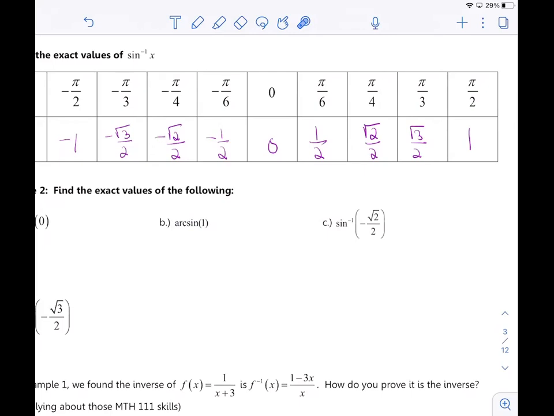So if I ask for the inverse sine of 0, now there's only one angle that will produce 0 within this defined domain we have to look at on our sine graph, right? We were only looking at from negative pi over 2 to pi over 2. So there's only one answer.